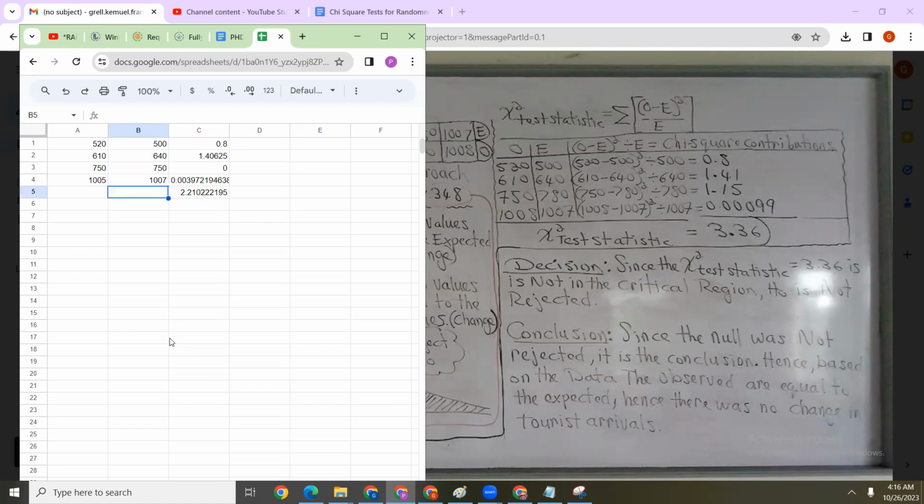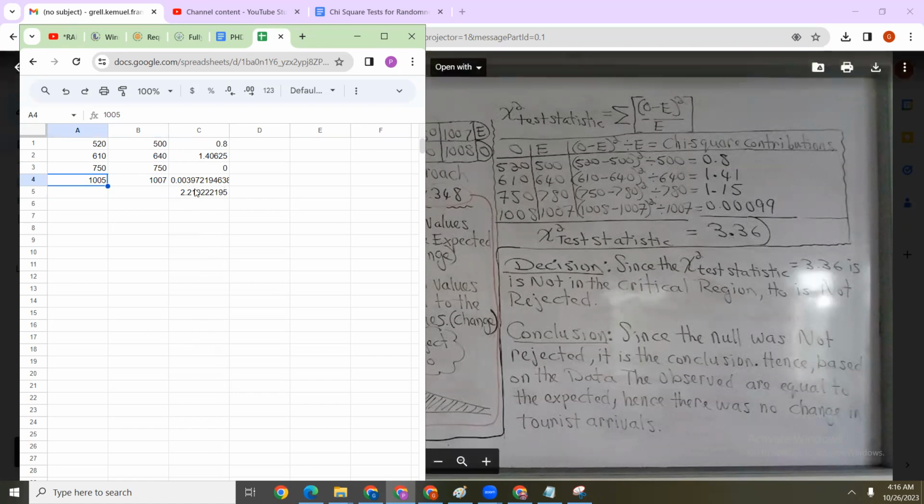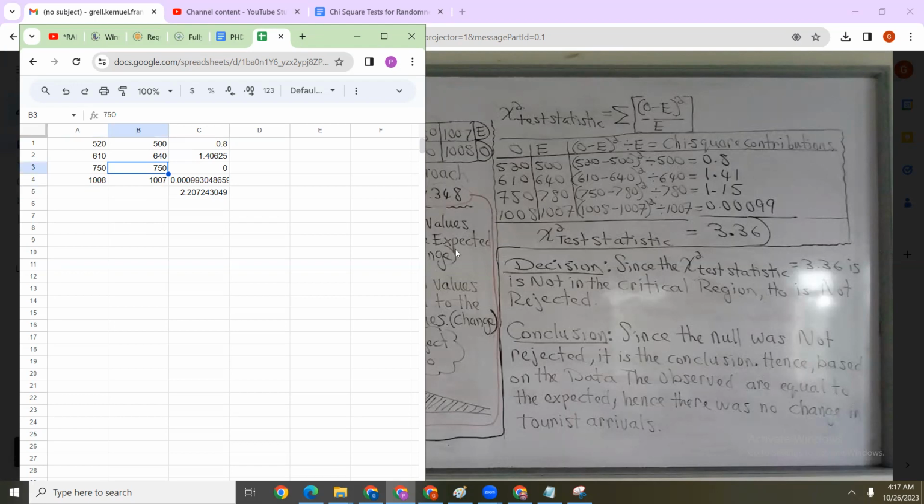And here we've got our chi-square. Oh, this is 1008, not 1005, because I can see there's a slight discrepancy because we got 3.36. So this is 1008. So there's another discrepancy. Oh, that's 780, not 750. Right, so here it is.